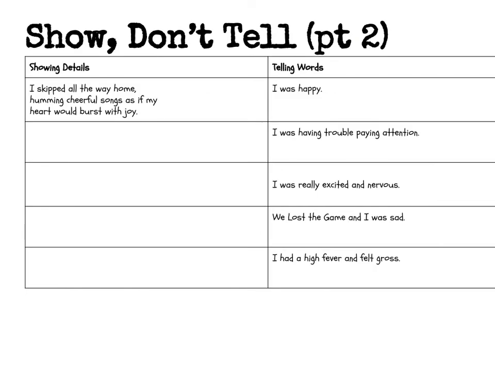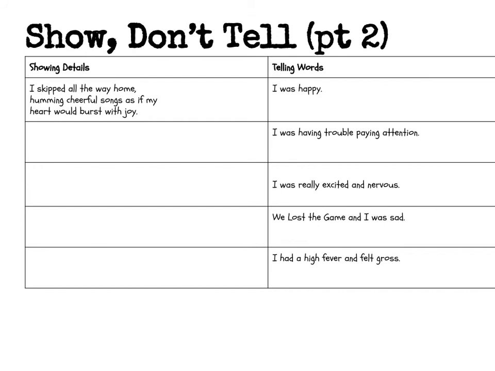Okay, so last but not least, I want you to take the opportunity to not only practice show, don't tell for specific words, but show, don't tell for a whole sentence or what could turn into a paragraph. Remember, you might be able to take, just like in our example, a sentence and write more than one sentence. You might need to write 2 or 3 sentences for that one sentence or more, and that's okay.